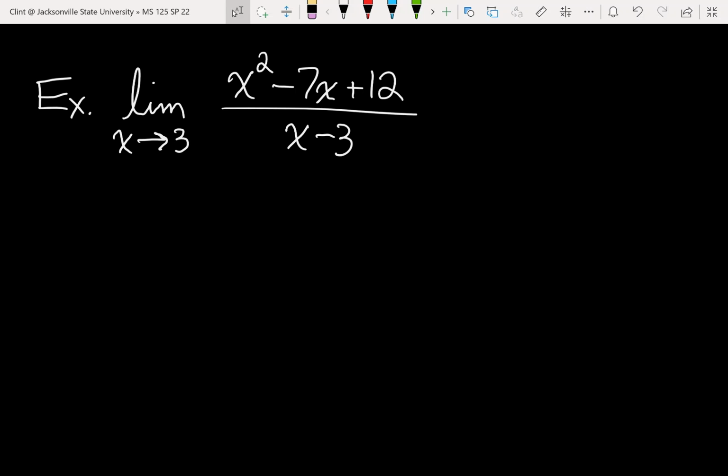This is one where we do have an issue, so we want to talk about how to handle that. A lot of the issues we ran into trying to use the direct substitution property we can solve with algebra.